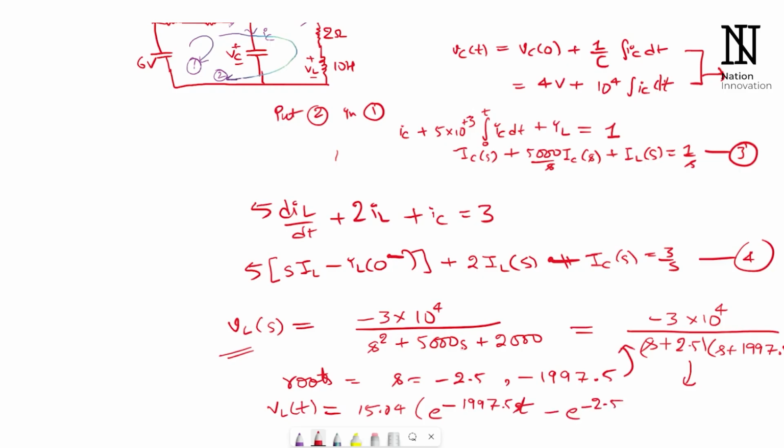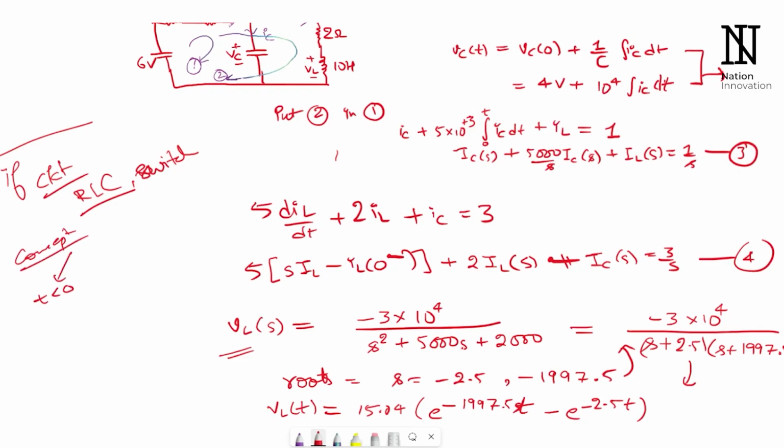then again e to the power minus 2.5 t. So the concept is, if you are given a circuit with RLC components and a switch, and they are asking for any voltage or current across any of the components, you have to solve it for t less than 0 and t greater than 0, or at the instant of switching.